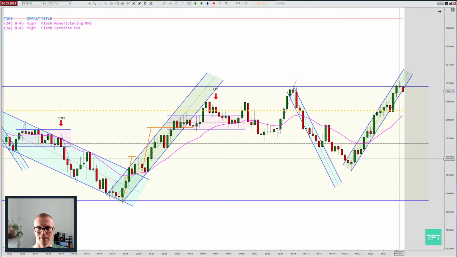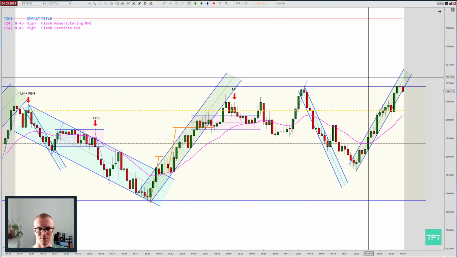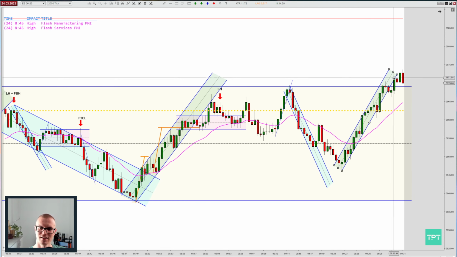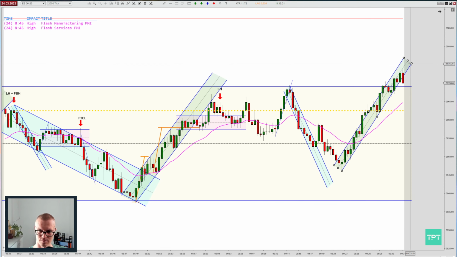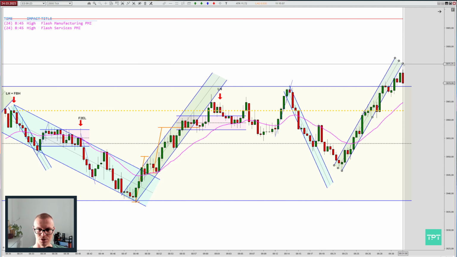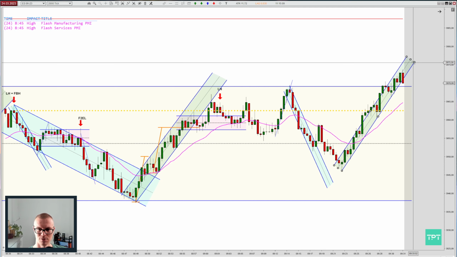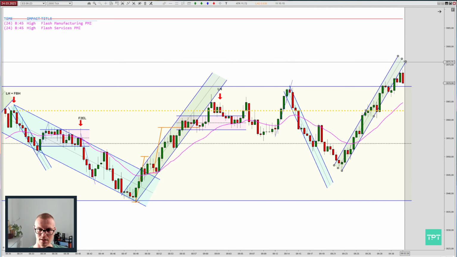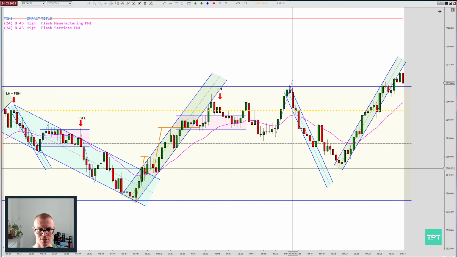Prices go higher here, and they find some resistance at this level, breaking even higher. Okay, interesting. I'm playing a bit with this trend here because I'm not sure if I should leave it like this or extend it. I will leave it like this for now and see how this plays out.